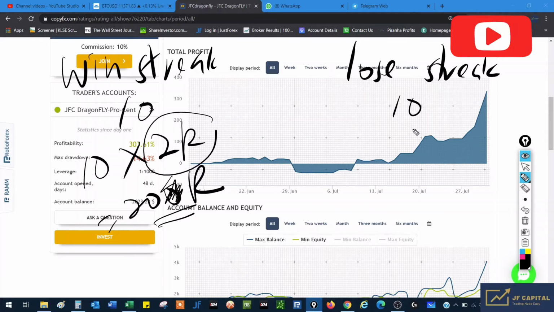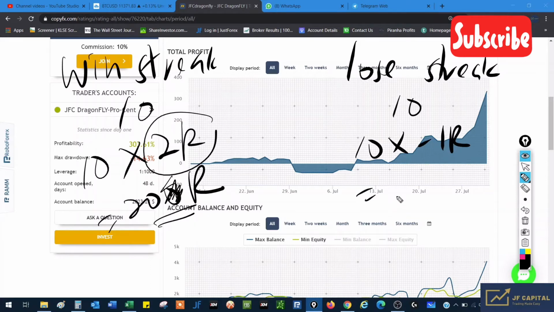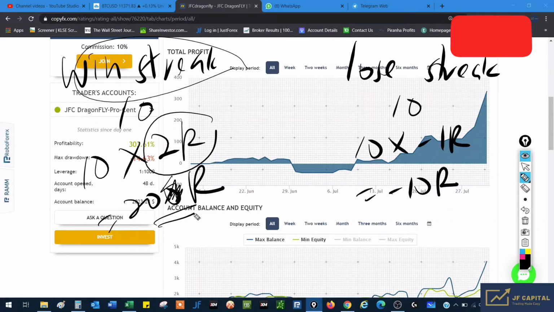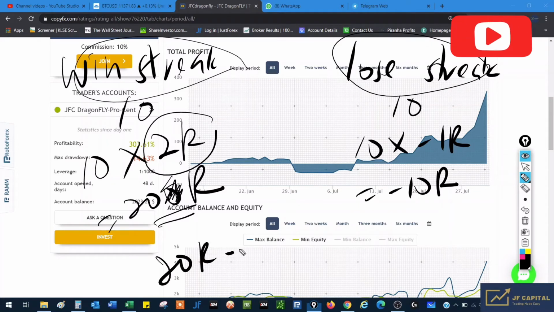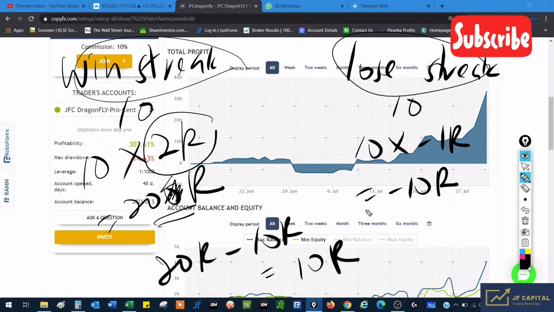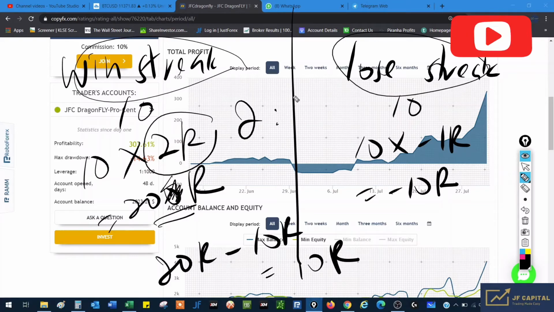However, for losing trades, it is also 10, but 10 times negative 1R, I only have negative 10R, which means that when I have a win streak, I am able to cover all my lose streak. So 20R minus 10R, I still have a balance of 10R, right? So this is the beauty of using the 2-to-1 ratio.